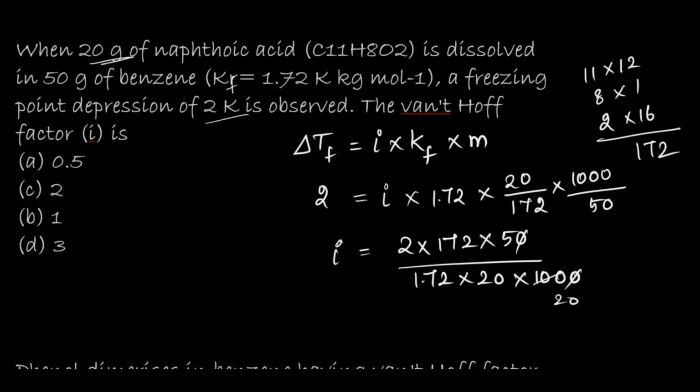It will be 20 and it will get cancelled. This will be 100 times. So total 100 by 200, which is 0.5.